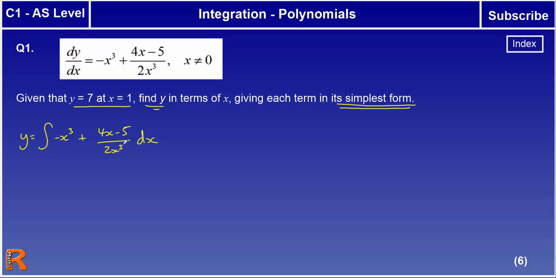So to be able to integrate this, the easiest way is to break it down into separate fractions. So what we're really going to be doing is integrating minus x cubed over 2x cubed plus 4x over 2x cubed minus 5 over 2x cubed. Yeah, so it's 3 terms.